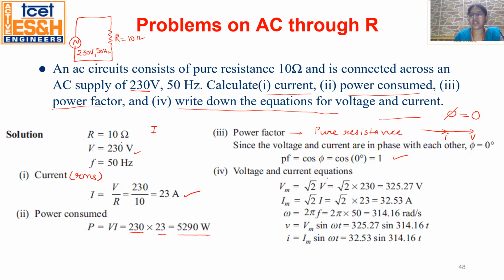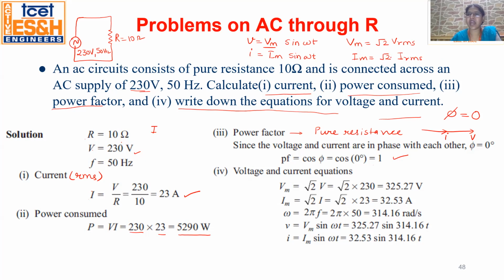Now voltage and current equations. We know that the instantaneous equations are v is equal to Vm sin omega t and i is equal to Im sin omega t. So we need Vm. Vm is root 2 Vrms, and Im is root 2 Irms.